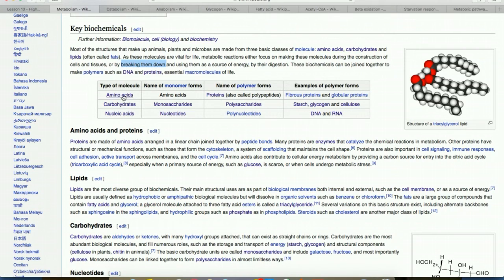Okay, so here we have the types of molecules: amino acids, carbohydrates, nucleic acids. We talk about those. All right, and in our table we also put lipids here. So the monomer, the basic unit of the protein, is the amino acid.